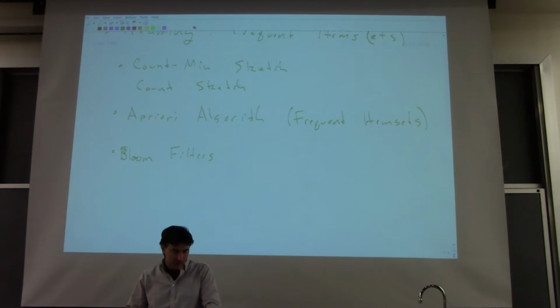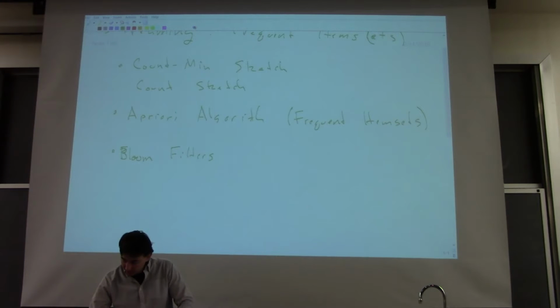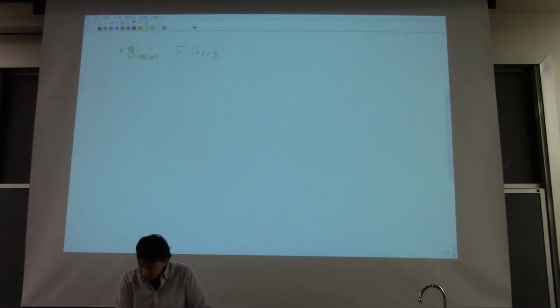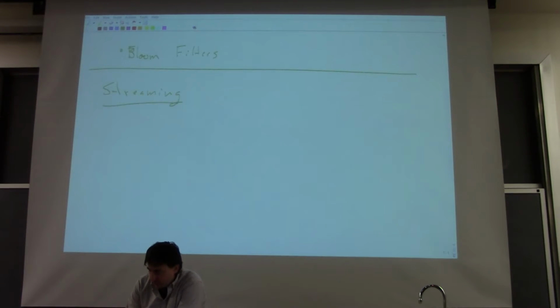Okay, so let's review the streaming setting again. For streaming, you have a data set A, and you're going to be presented this in some order, up to some A_i, and we'll write the last element as A_N.